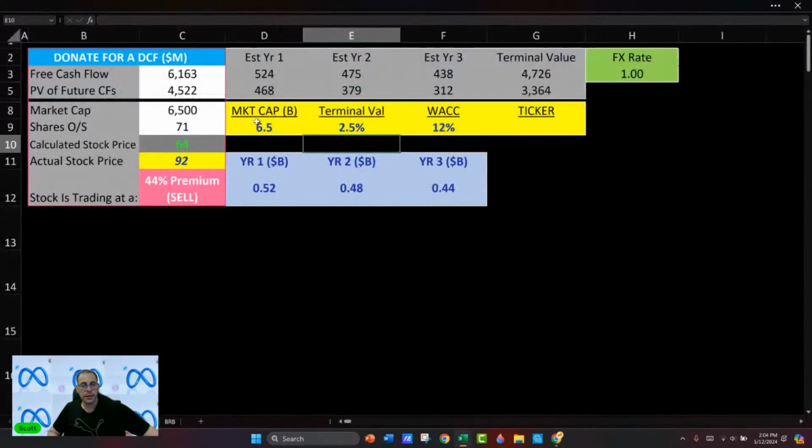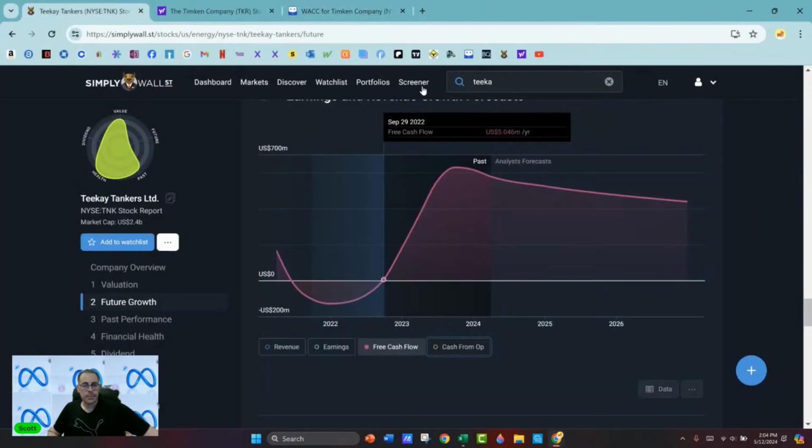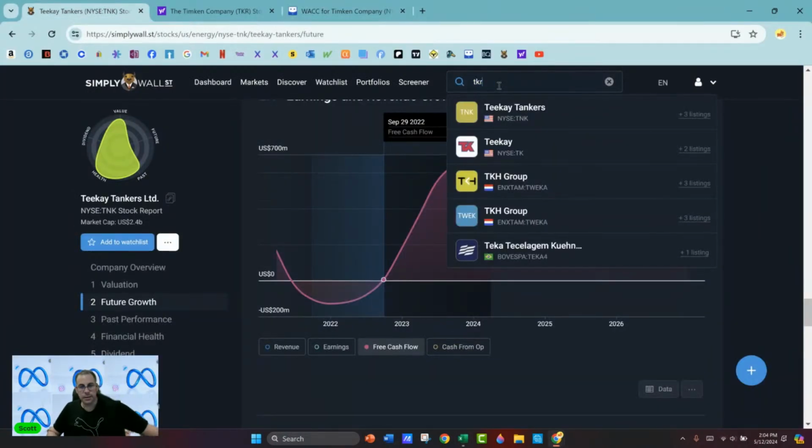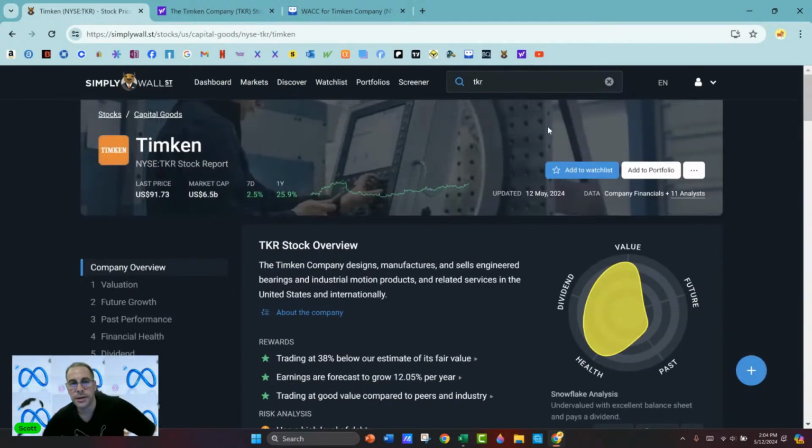$9.3. And if you use Yahoo Finance to get the future free cash flows, you can use the future revenue and then calculate the free cash flow based off of future revenue. To calculate it, you just look at their past revenue and past free cash flow.